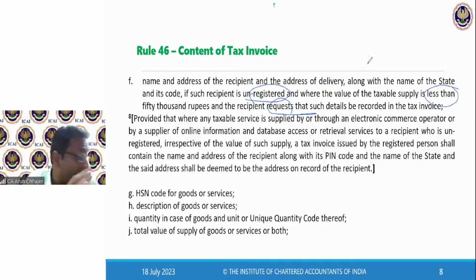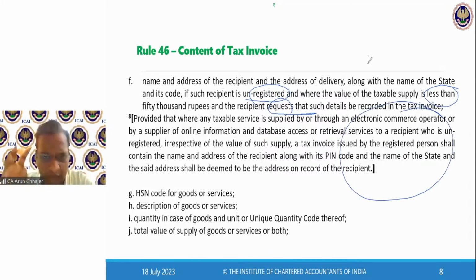If the value is less than 50,000 and the supplier is making the supply to an unregistered party and the unregistered party requests to record the address, in that case it is compulsory to record the address in case of B2C. And this is a new proviso. You must be aware, in case of an e-commerce operator, for supply made by or through ECO, it is compulsory to record the name, address and state along with code on the invoice, even if it is a B2C.